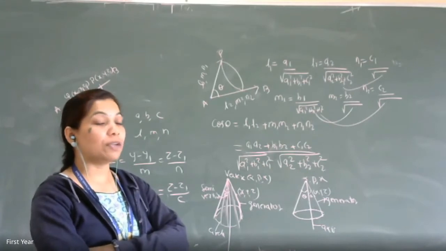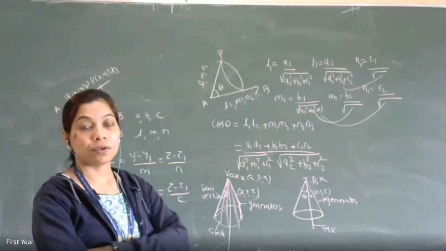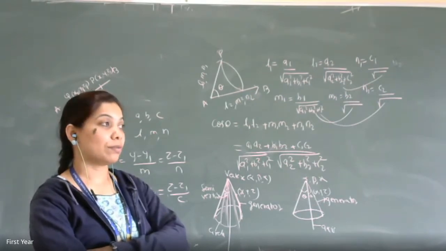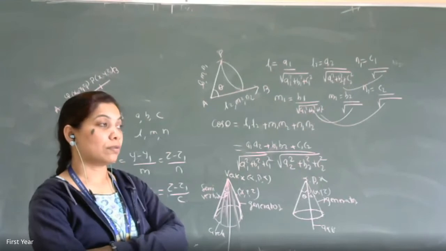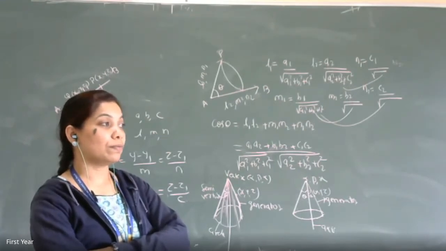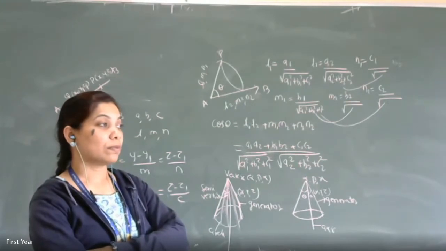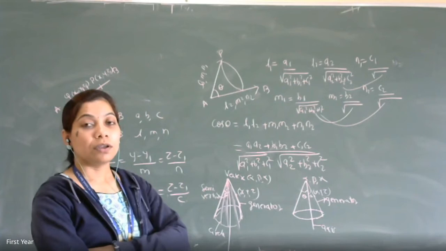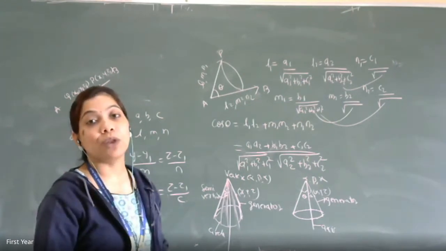To find the equation of a right circular cone, we use the concept of the angle between two lines.